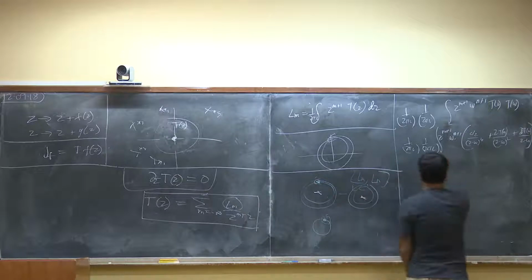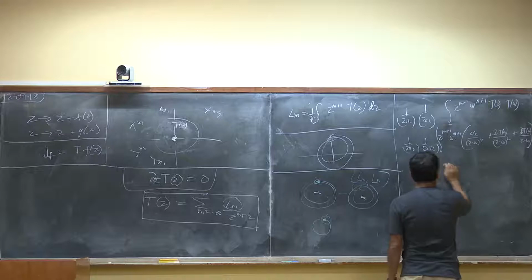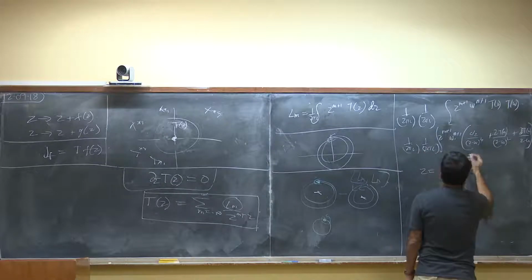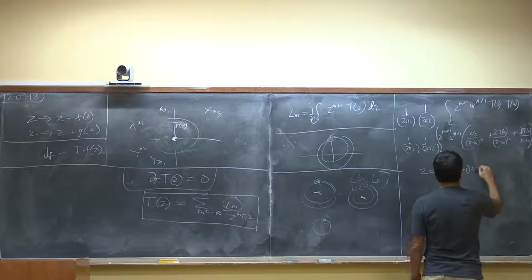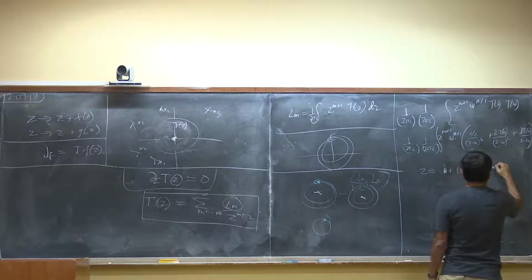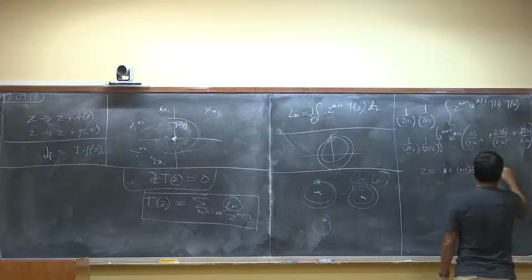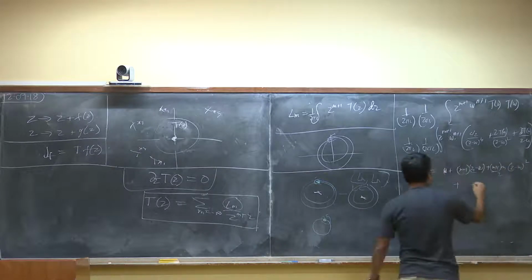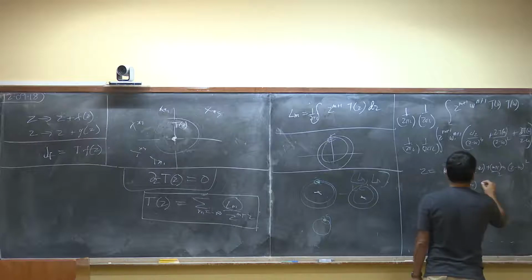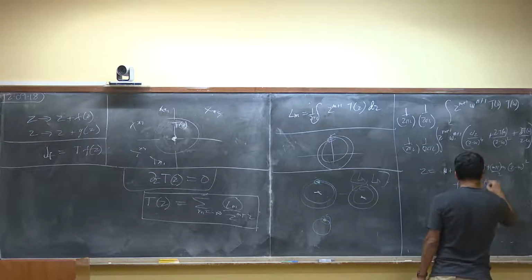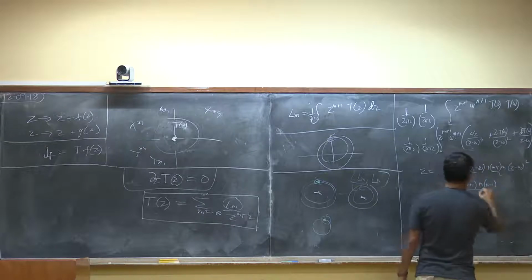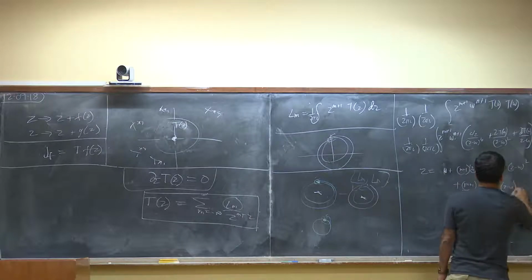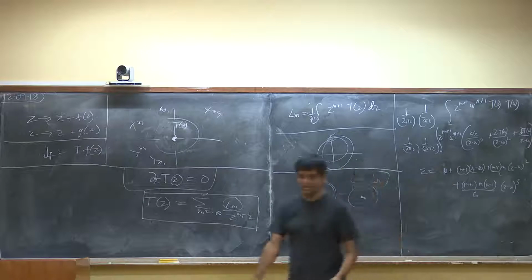So we'll write z to the power m plus 1 as w to the power m plus 1, plus m plus 1 times w to the power m times (z minus w), plus m plus 1 into m by 2 times (z minus w) squared, plus m plus 1 into m into m minus 1 by 6 times (z minus w) cubed. We'll never need higher than this.